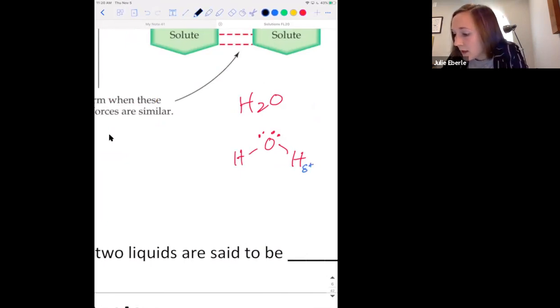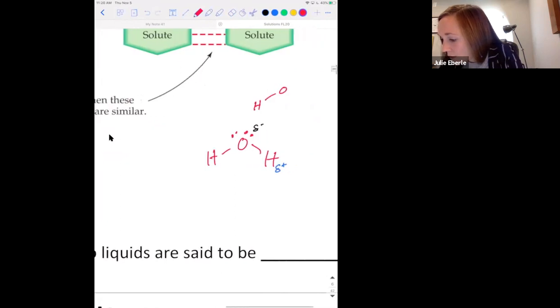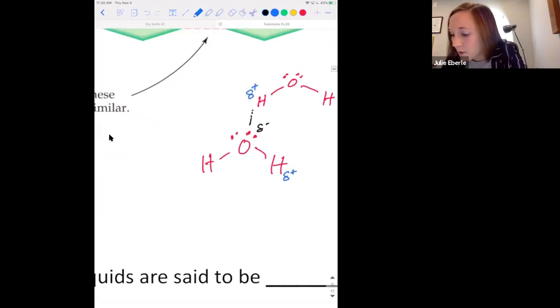And I'll do black for the partial negative on the lone pairs. If we draw a second water molecule, we orient the donor of the other molecule close to the acceptor of the original one, and then we get this hydrogen bond. Again, this is all based on separation of charge, the partial positive and partial negative.